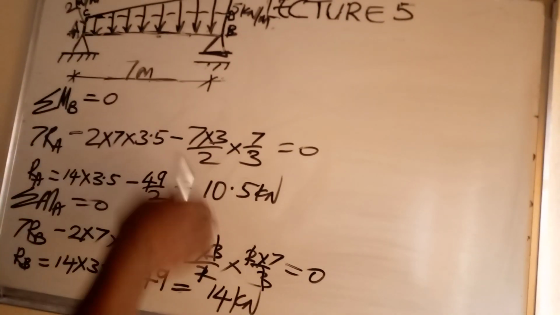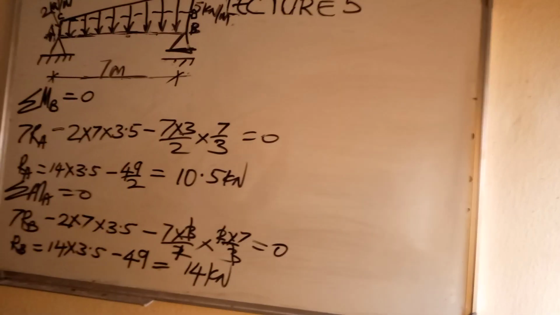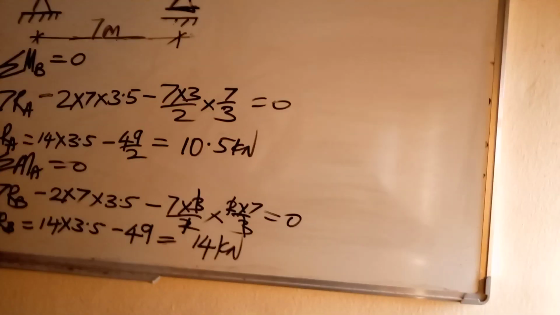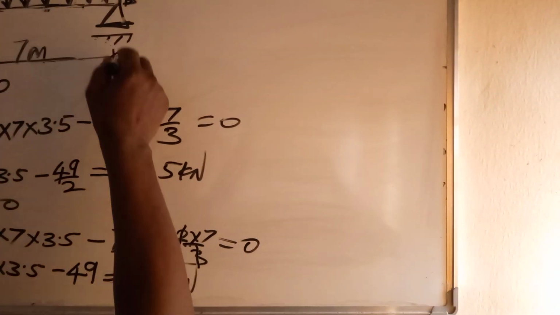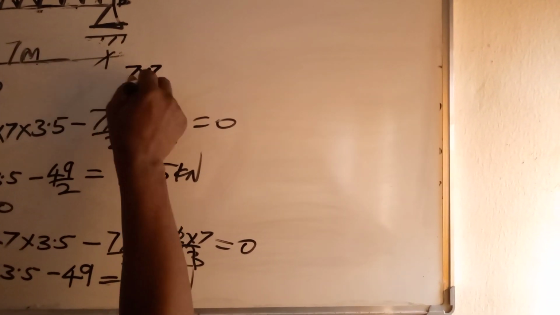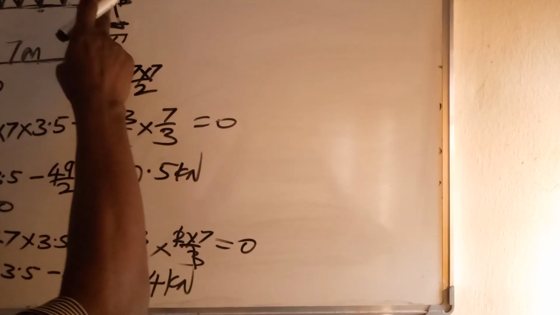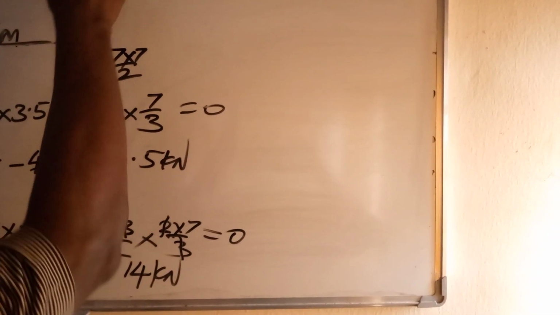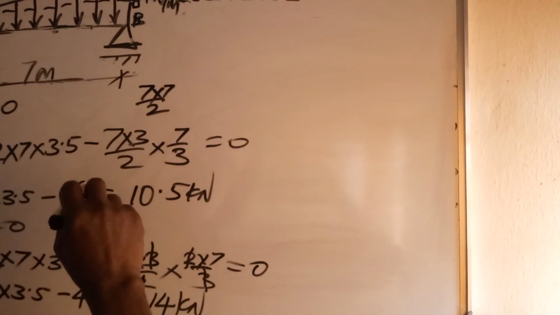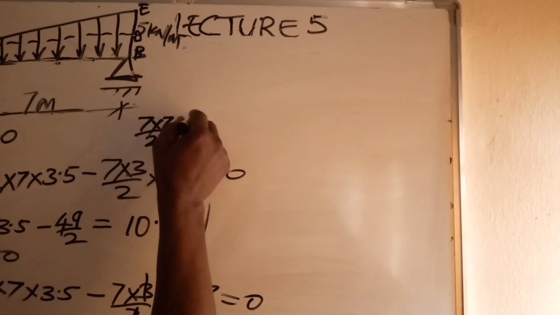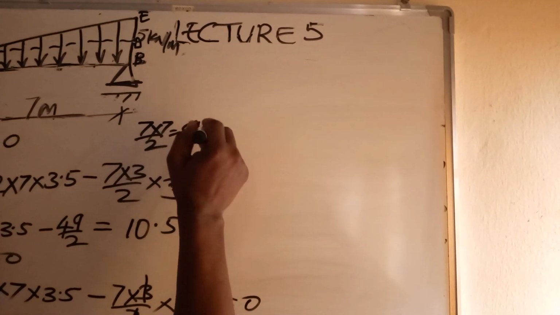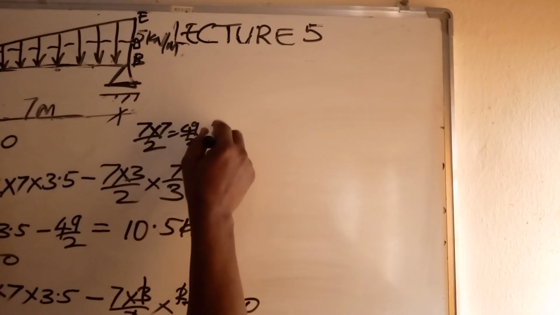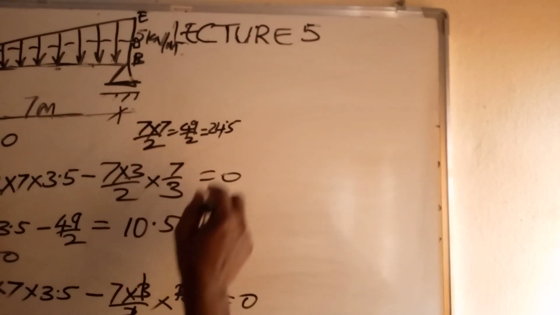The area of the trapezium is 7 times 7 over 2, the length 7 and the width 7 over 2, which is 49 over 2, that is 24.5.